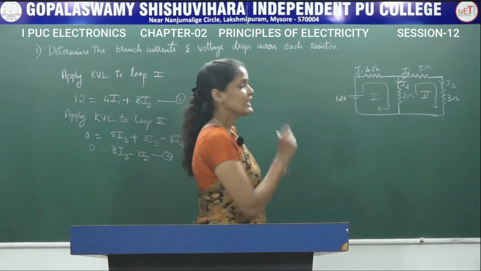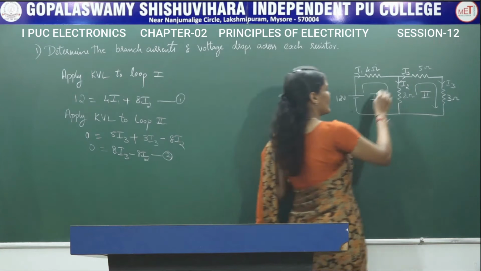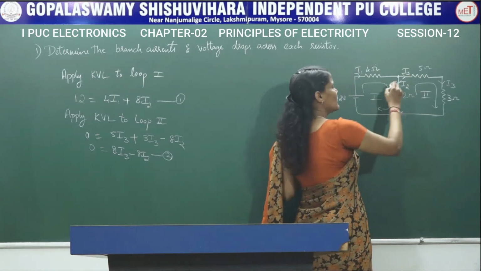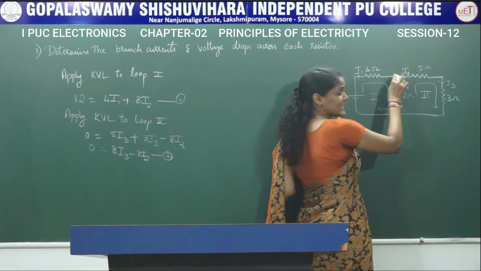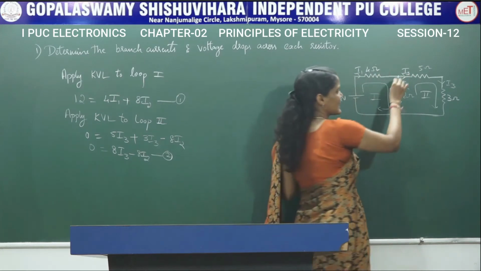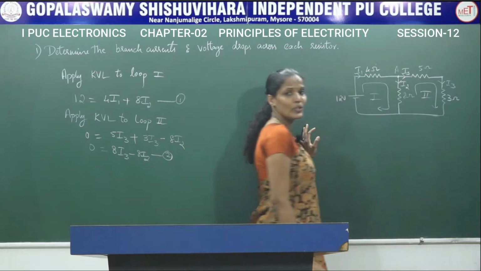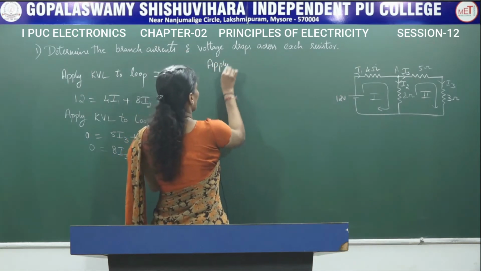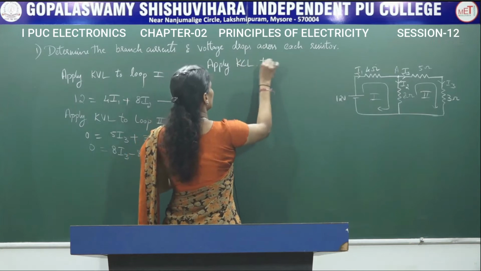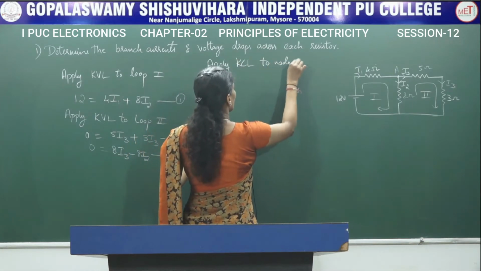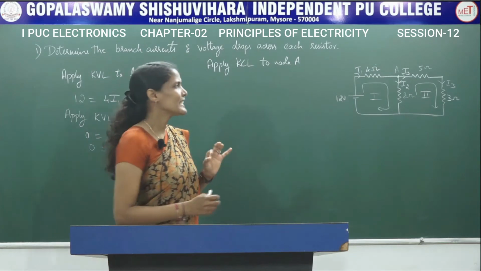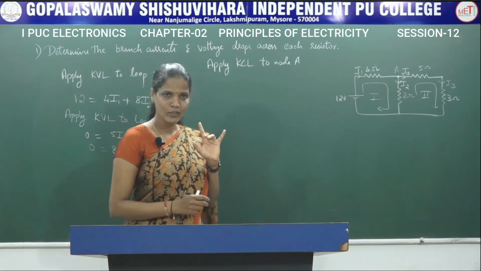We have to apply KCL to any node. If I consider this as a node, named A, we apply KCL, that is Kirchhoff's current law, to this particular node. Applying KCL to node A: the sum of the currents entering the node is equal to the sum of the currents leaving that node.